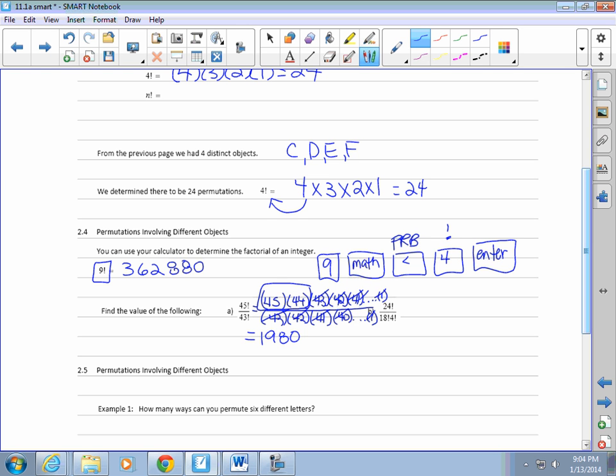On your calculator, that's all you do. 24 factorial, so using your math PRB 4, enter, divide by, and I'd put a bracket in there, 18 math PRB 4, enter, then 4 math PRB 4, enter, close the bracket, and then enter, and you'll get your answer. And you should get 4,037,880.